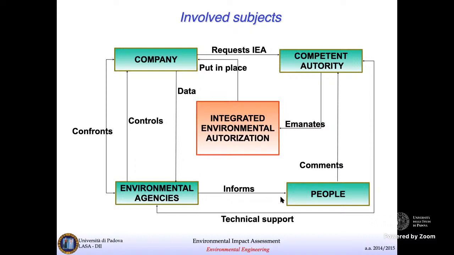The environmental agency, for its part, informs the population, and at the end of all these interactions, the competent authority may issue an integrated environmental authorization, an authorization to operate this plant. Only when this authorization is issued by the competent authority is the company ready to realize the facility it had in mind. Okay?